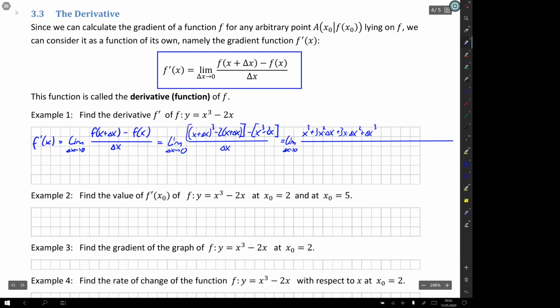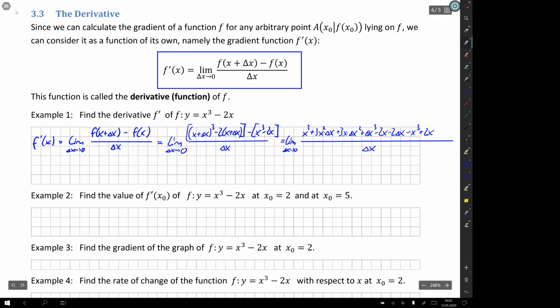Oh, here the bracket was not closed. Minus 2x minus 2 delta x. And here we still have minus x to the power of 3, and this becomes plus 2x here, divided by delta x.